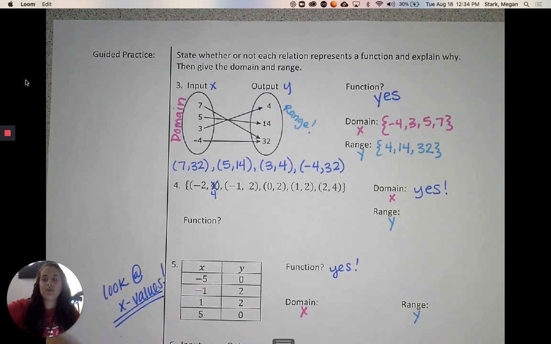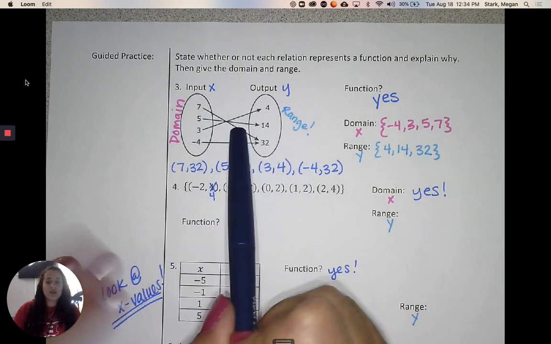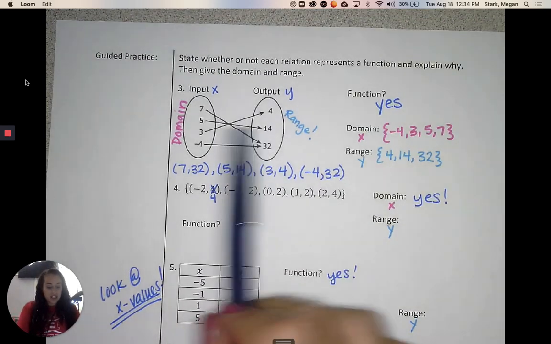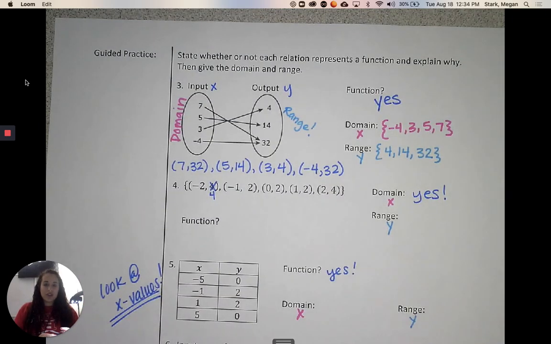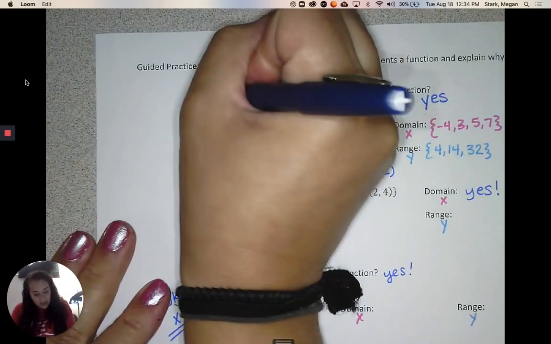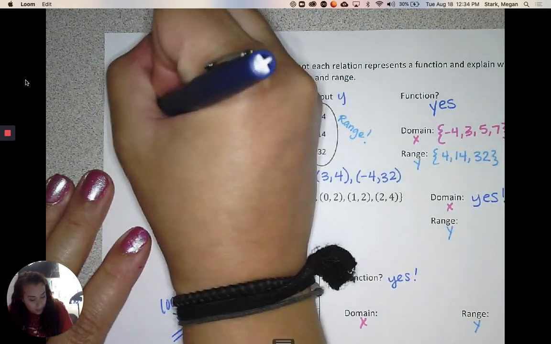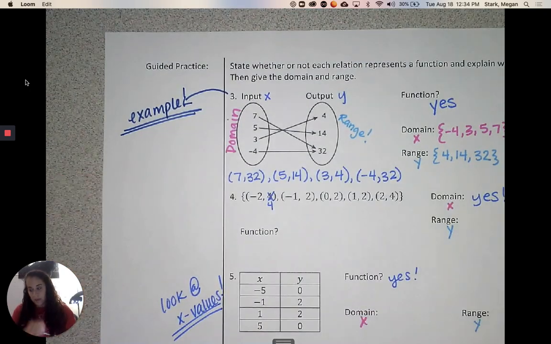And I know that we're talking about domain and range here, but I would like to stop for a side note, kind of a segue, as to what these are supposed to look like. I want to review very quickly, if you're given something like this, how do you know it's a function and how do you know it's not?